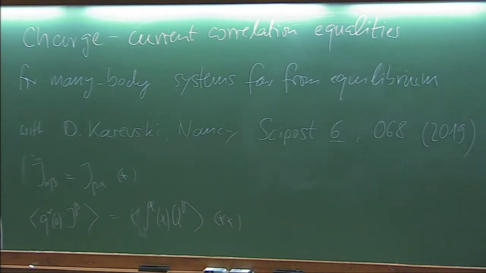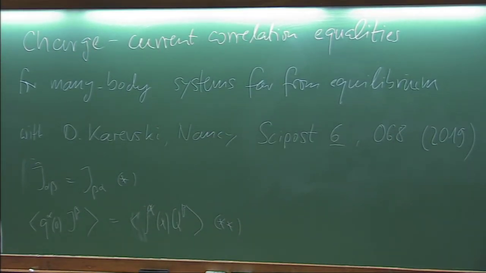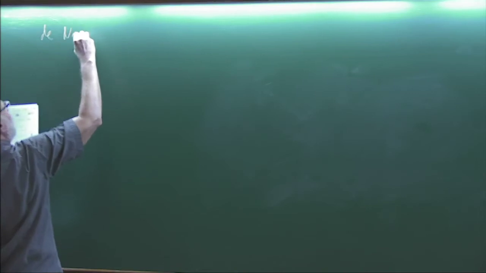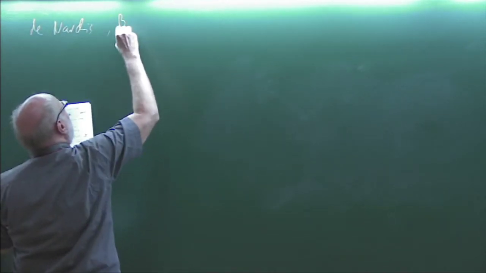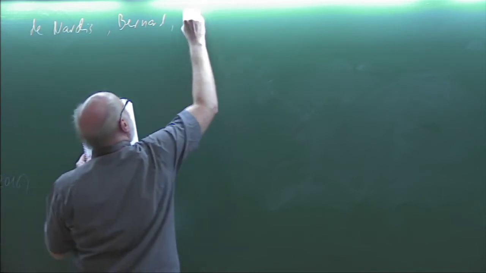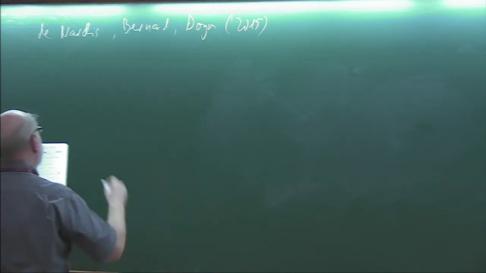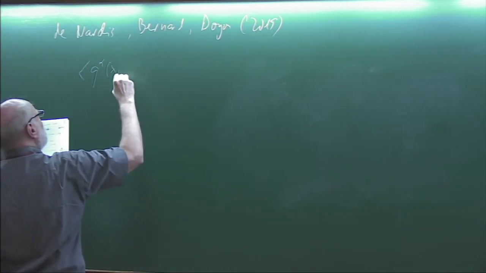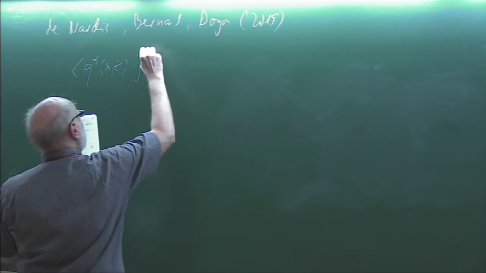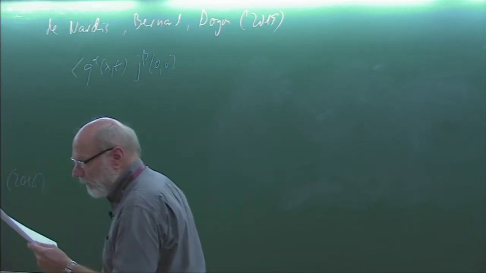And then, very recently, there was a paper that actually derives this relation from an even more fundamental charge-current correlation function. And this is the following paper, Bernard, 2019. So we are already in the present, where they find this again for quantum systems, but it doesn't really matter. It works equally well for classical systems. I think you also point this out in your paper.